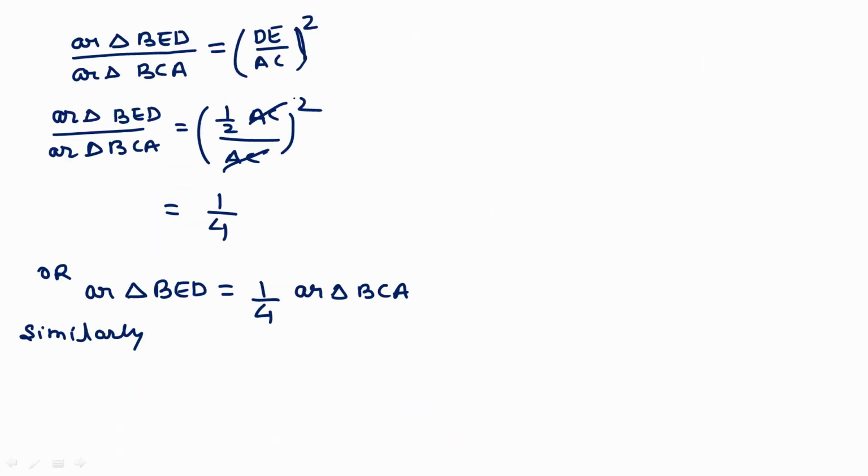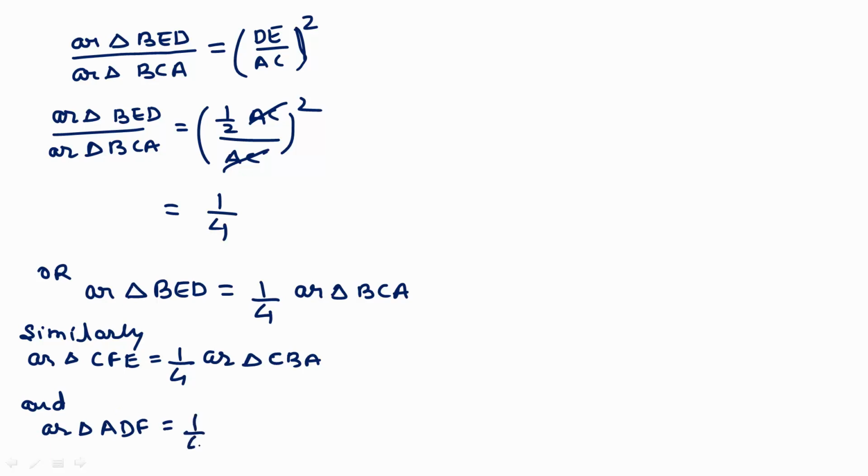Similarly, we will find area of triangle CFE is equal to 1 upon 4 area of triangle CBA or ABC, and area of triangle ADF is equal to 1 upon 4 area of triangle ABC.